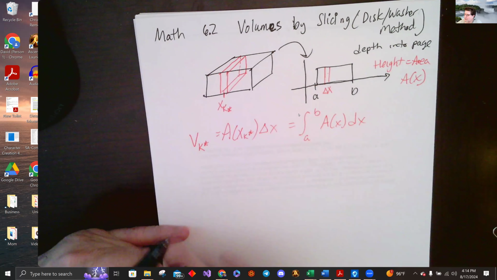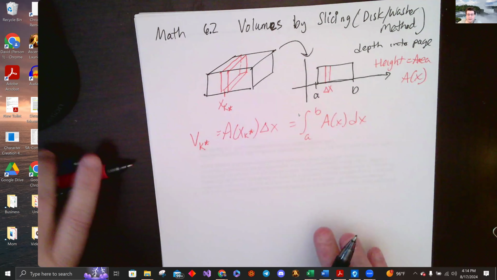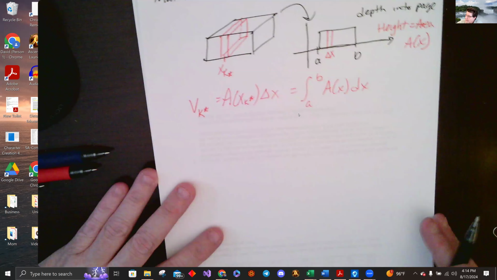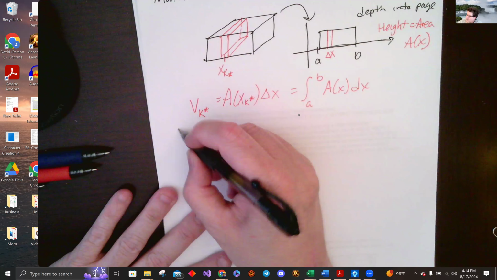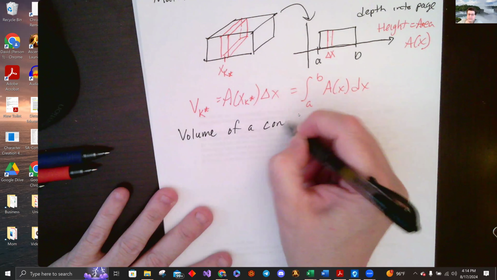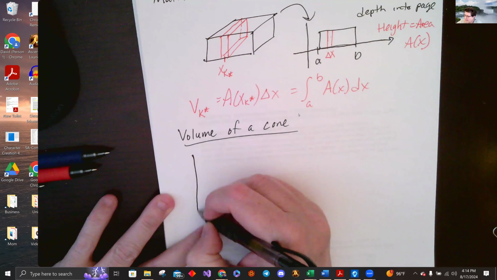So the example I want to do, we're going to show it the way we know how to do it. Let's look at the volume, not area, but volume of a cone. How could I make that?